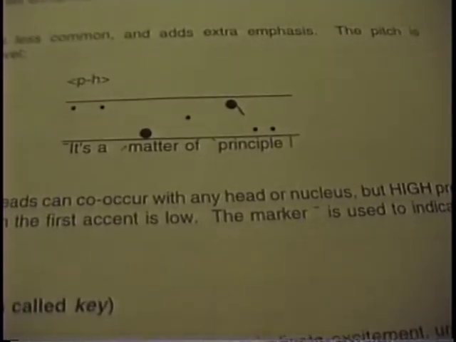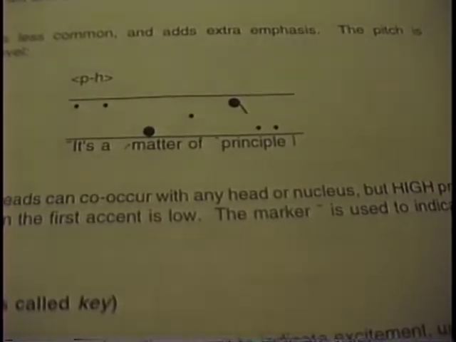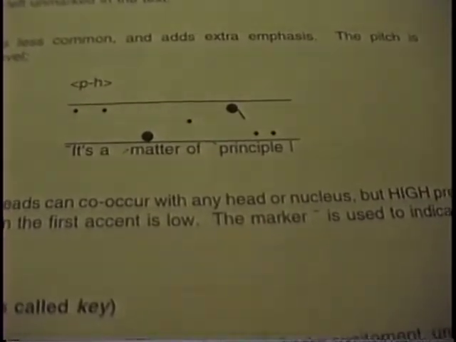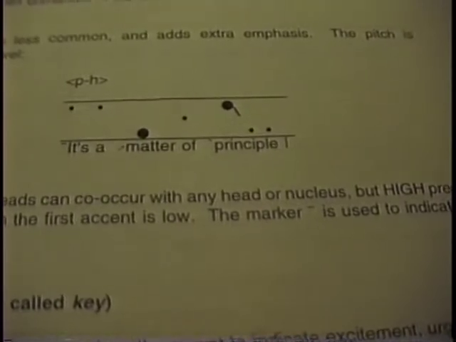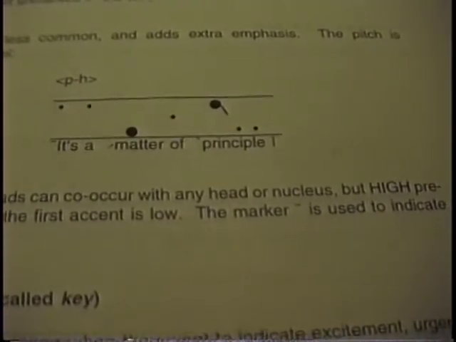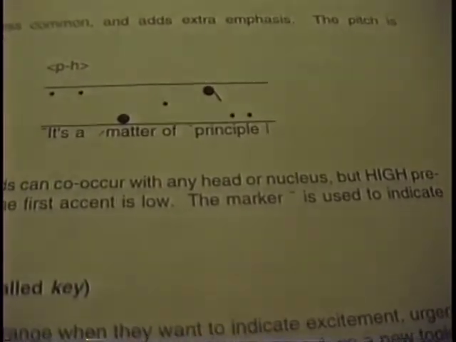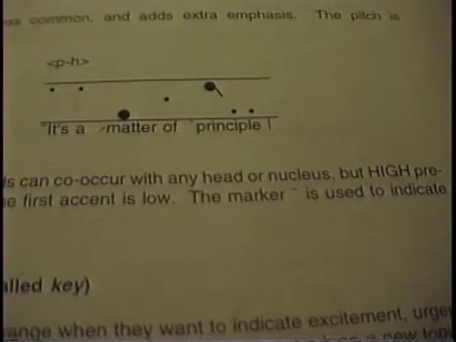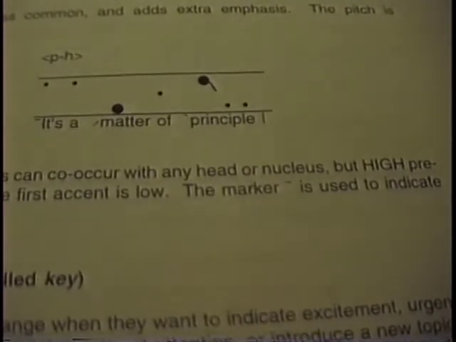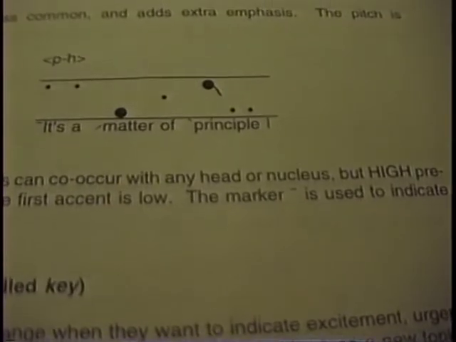Both those preheads can co-occur with any head or nucleus, but in fact the high preheads are more common when the first accent is relatively low. Because you like to make a contrast. If you're using a high prehead, you don't want to follow it immediately by a high head usually, because, well, sometimes that happens, but in order to get the emphasis in, you want to jump down in pitch.